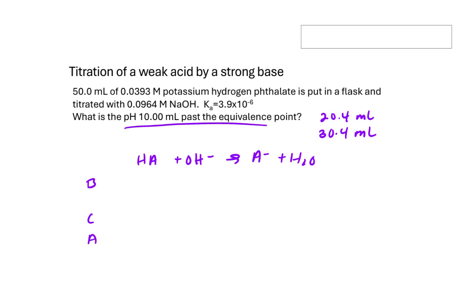We know our before moles of HA are 0.001965. We're now adding 30 milliliters of 0.0964 molar sodium hydroxide. If we multiply those values together, we get 0.00293 moles of OH minus.